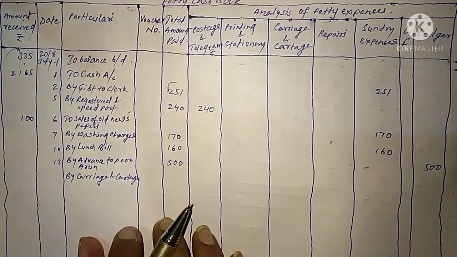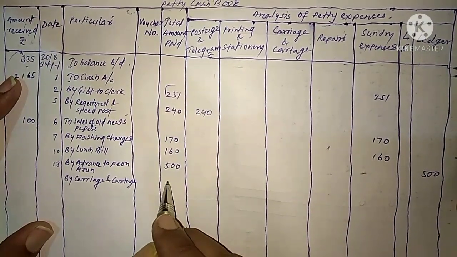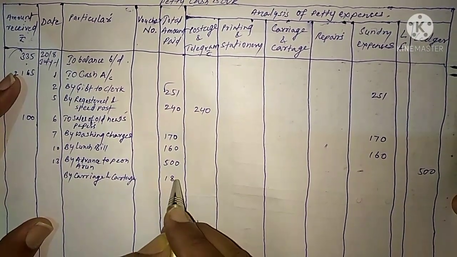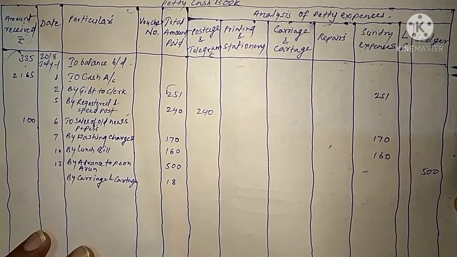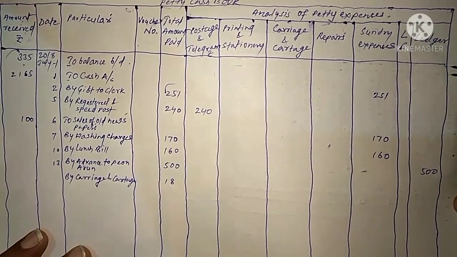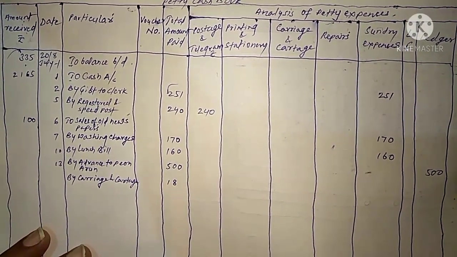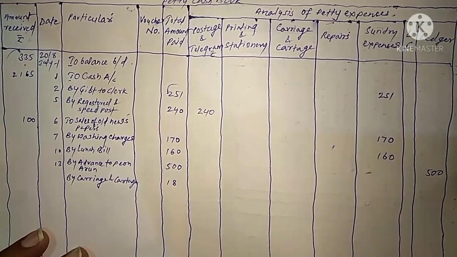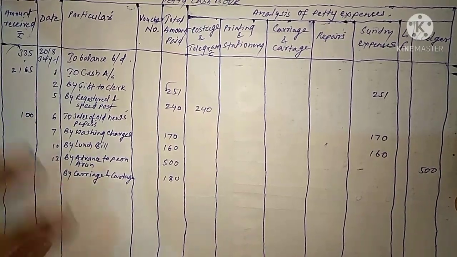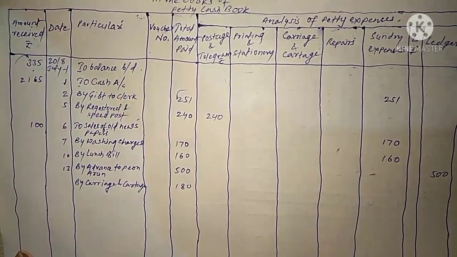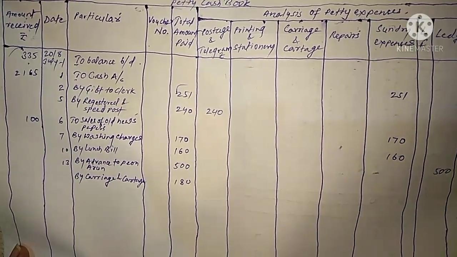Amount is 180. So in total amount paid we have to write 180, and we have to transfer this amount to the accounting head, that is carriage and cartage.